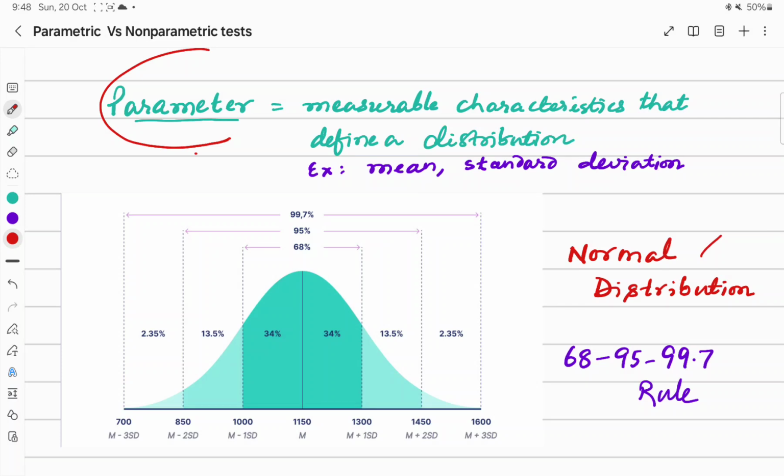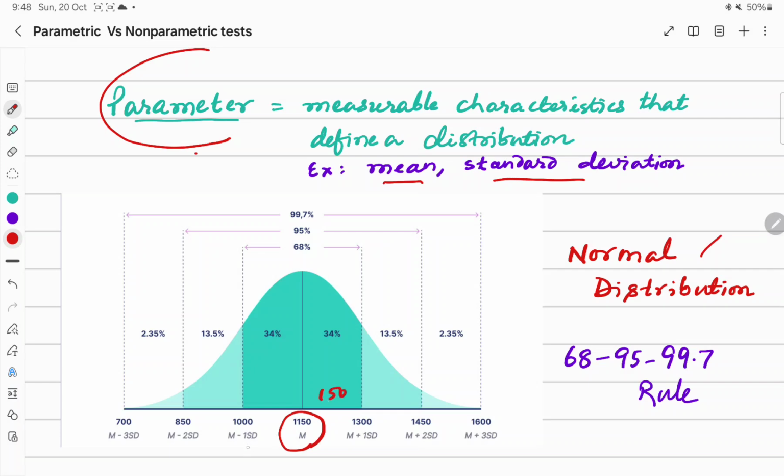That means suppose we get some data and the major parameters, like mean, standard deviation, follow the normal distribution. Suppose here in this data the mean is 1150 and one standard deviation is 150.